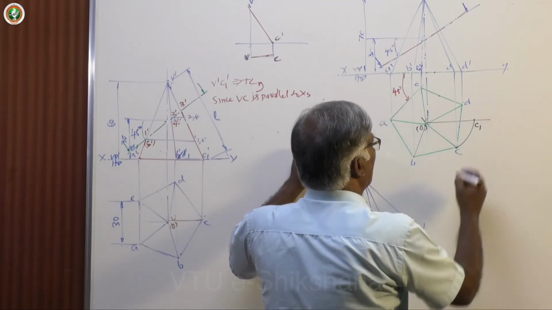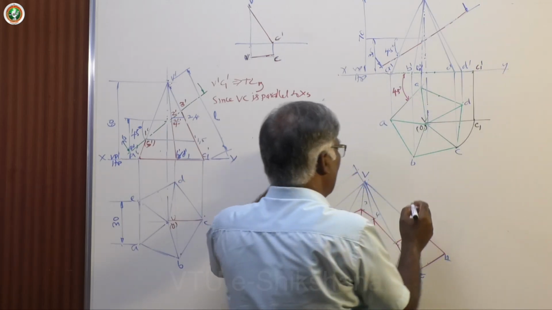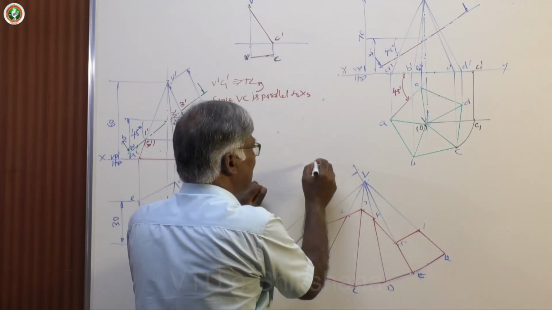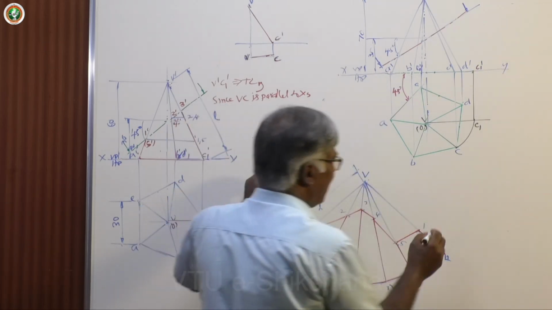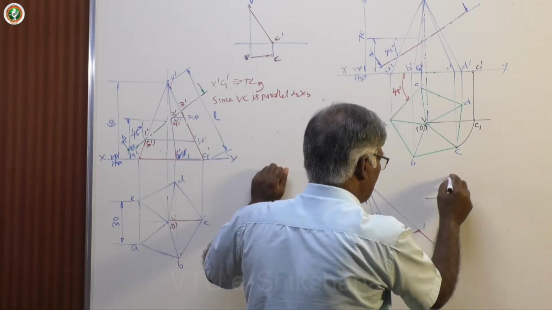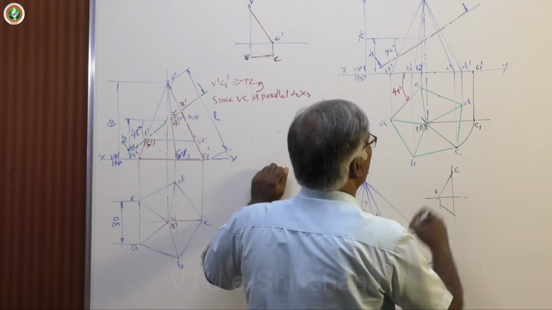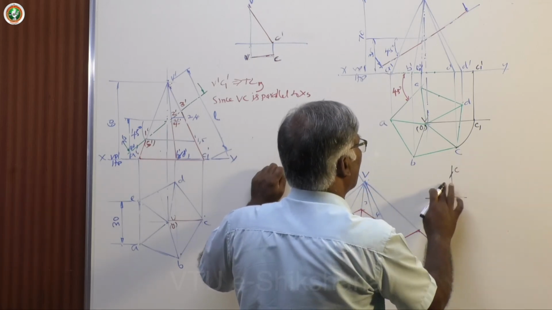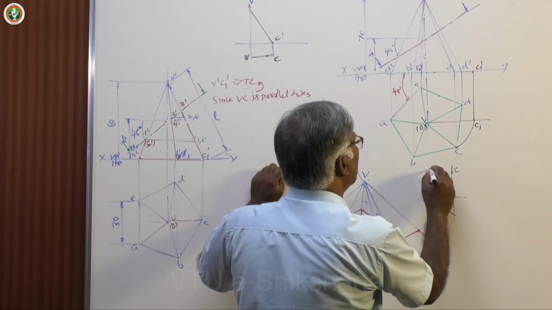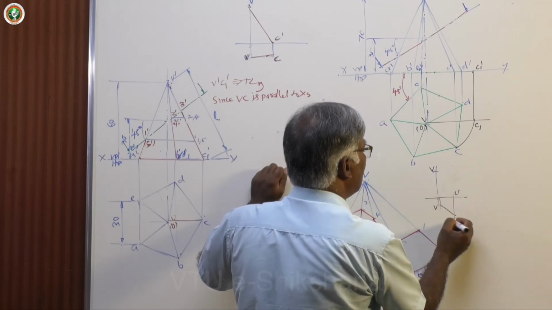C1, I am anticipating C1 dash there, C1 dash. Whenever a line is inclined to both the planes, for example, let me take this way, inclined to both the planes, this is V, this is C, say C dash, okay, here other way around, this is V dash, this is C dash, this is VC.